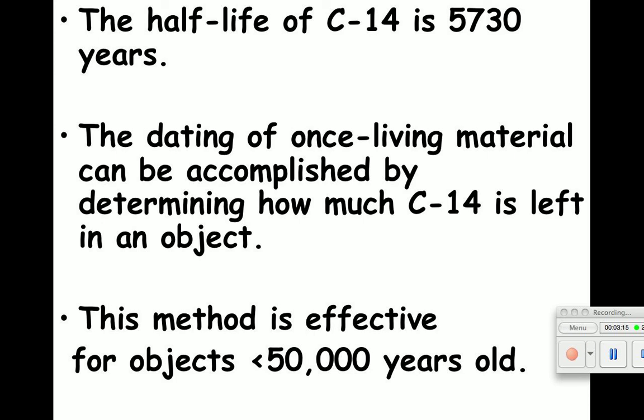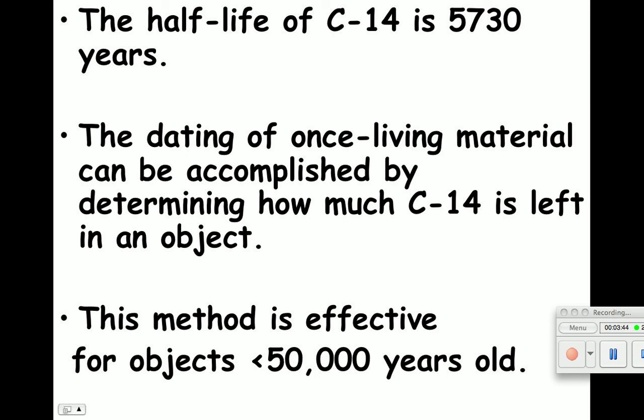So if you look at a once living thing, and you test a sample of its tissues, and you see that it has half carbon-14 and half something else, then you know that it's undergone one half-life, and that particular living thing died about 5,730 years ago.